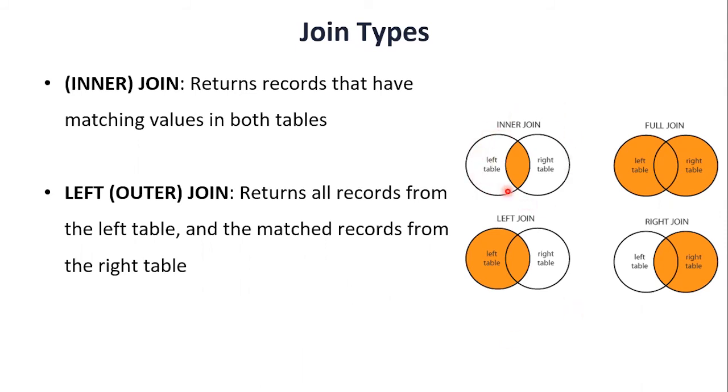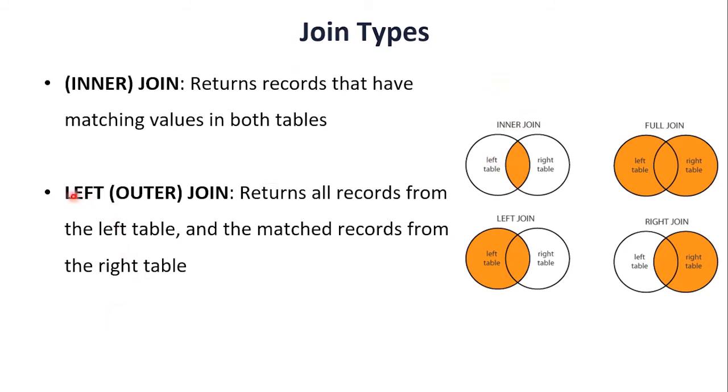If you have the left table and the right table, when you use the inner join or just join, the result would be this section, the intersection of them. All the records that have matching values in both tables will be included in the result.